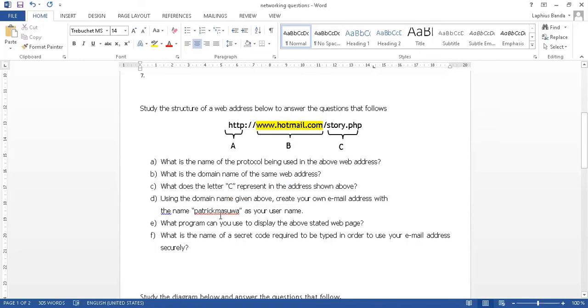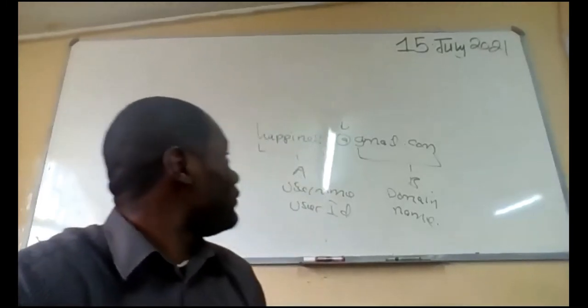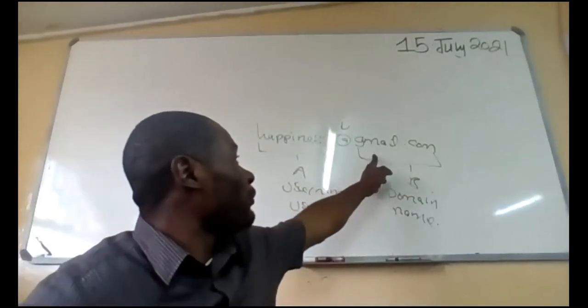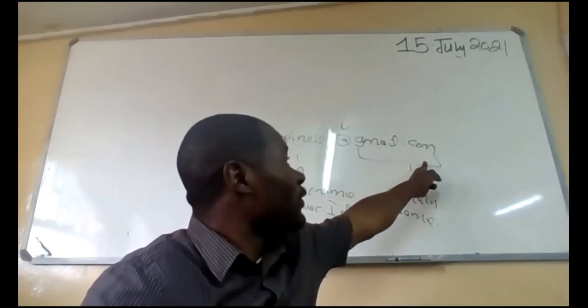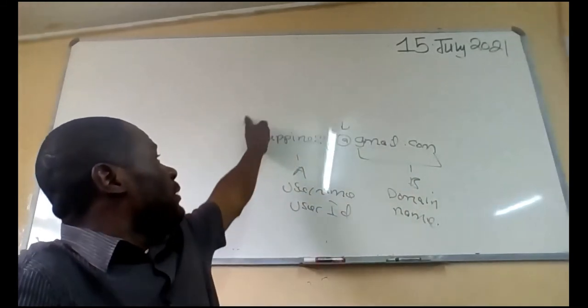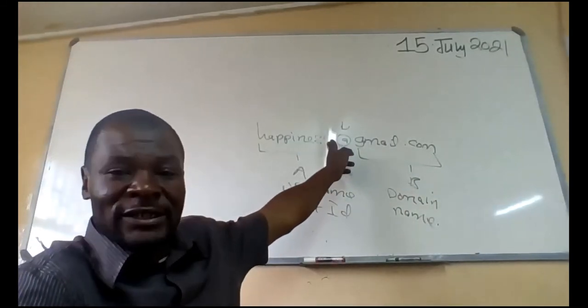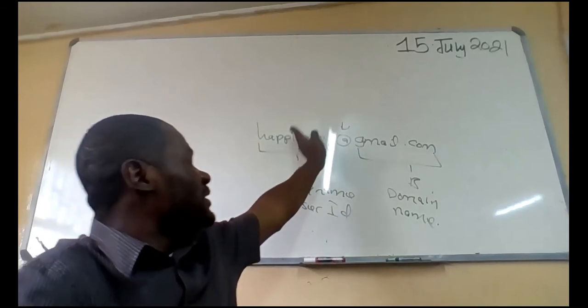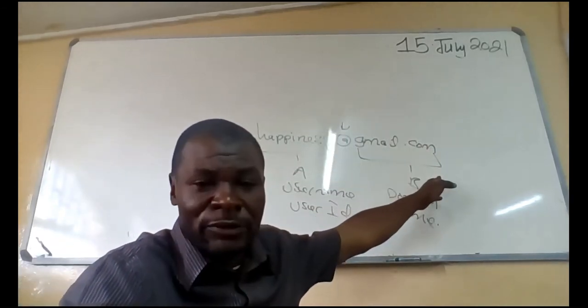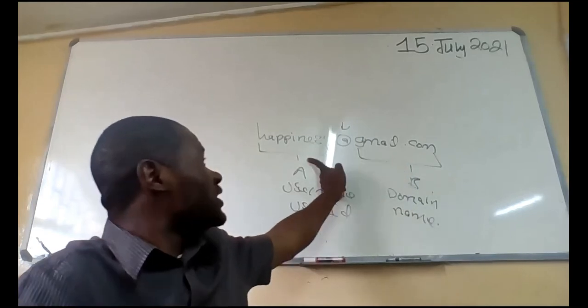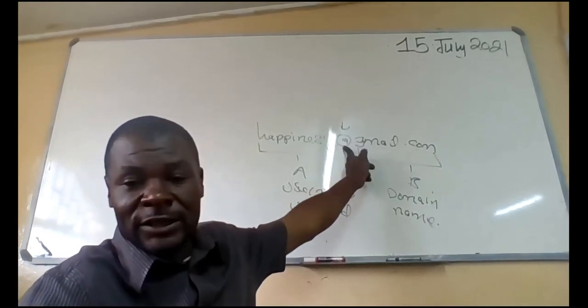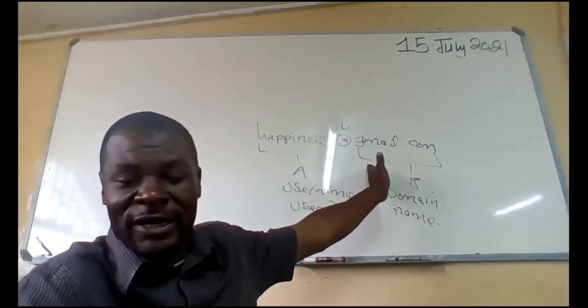you're going to create. For instance, like I've been showing you on the board there, I've created the email using the domain name gmail.com. Then I'm creating the email address for happiness. So username is happiness, domain name is gmail.com. The two are simply separated by the @ symbol, and that will be the email address.